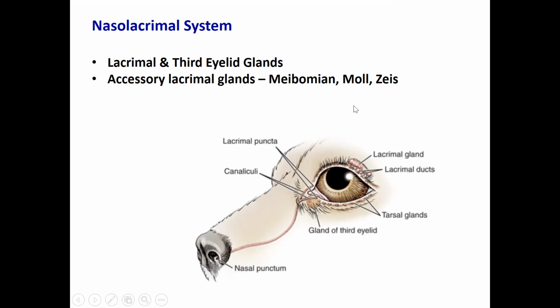Then we also have glands of Moll and glands of Zeis. Their function is not well known, but the secretions of all these glands together help in the formation of a fluid layer here, which is called the precorneal film, which prevents the cornea from drying.